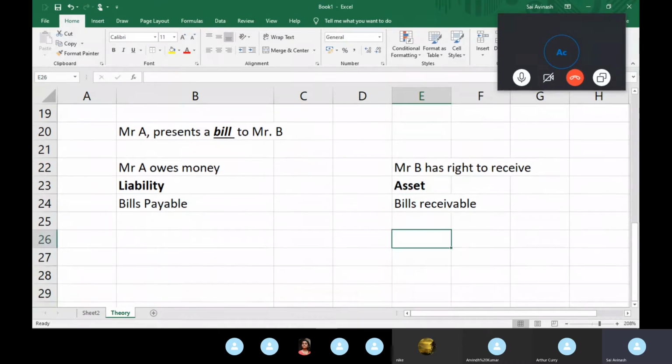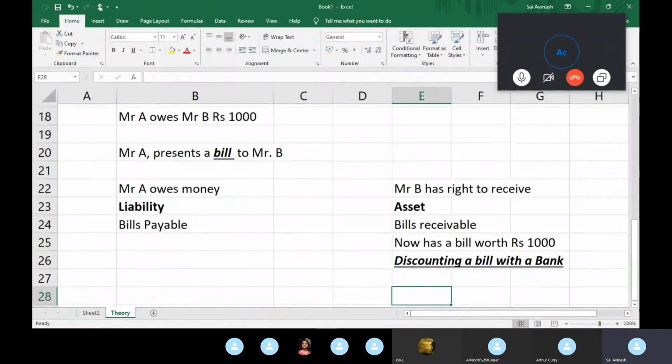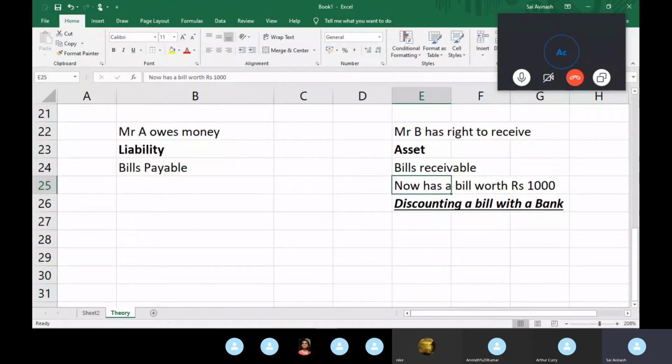There are multiple uses. What I'm going to say now is one of the uses is called discounting a bill with a bank. This is what we are interested in right now. So what Mr. B does is, Mr. B now has a bill worth rupees 1,000. Let's say he needs the money now, but the bill says Mr. A will pay him on the 15th of May.